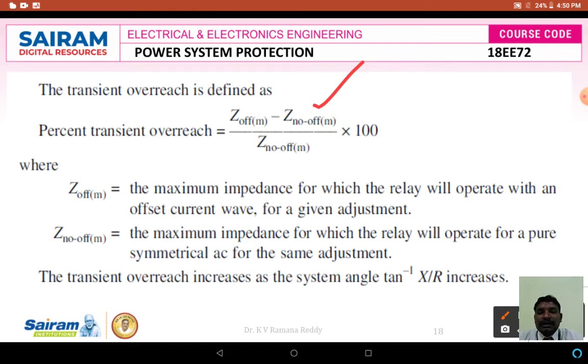Here Z off is the maximum impedance for which the relay will operate with a DC offset. Z no off is the maximum impedance for which the relay will operate for a pure symmetrical AC for the same adjustment. Here theta is equal to tan inverse of X by R, the phase angle difference between Z off and Z no off.